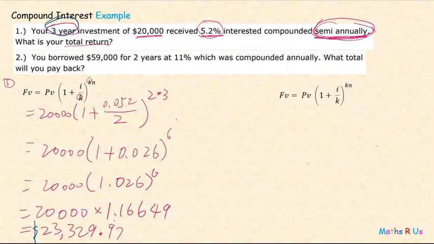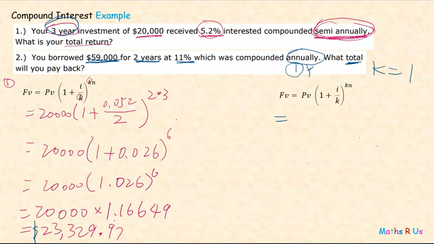You borrowed this amount of money for 2 years at 11%, which is compounded annually. Annually is the easiest one, so it's just 1 year. 1 annual equals 1 year, so the time fraction is just 1. In this case, k equals 1. And you need to find out the total amount you get back. Now let's put it into the formula.